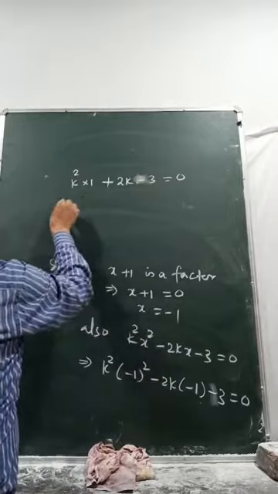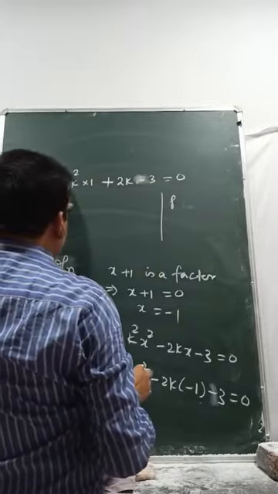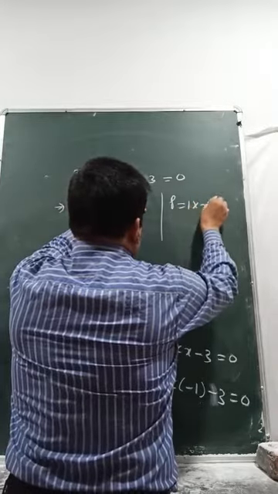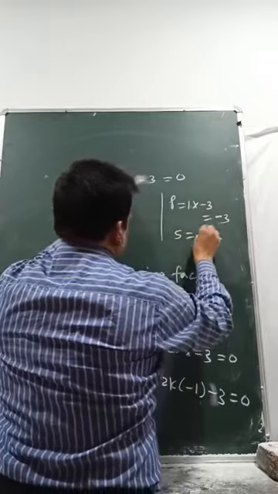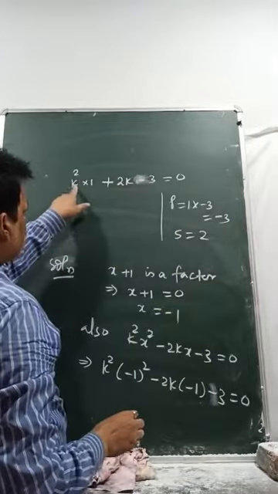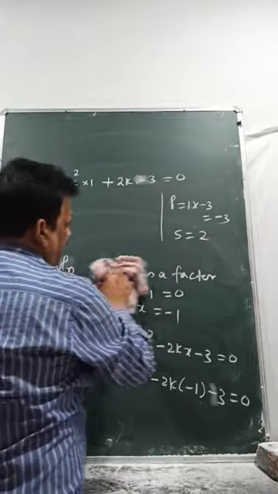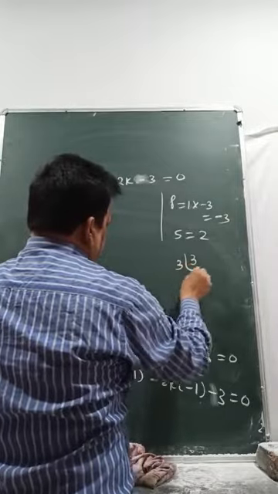So, product splitting the middle term: product is 1 into minus 3, sum equals 2, because this is a quadratic polynomial in k. Now, find the factors of 3: 3 and 1.